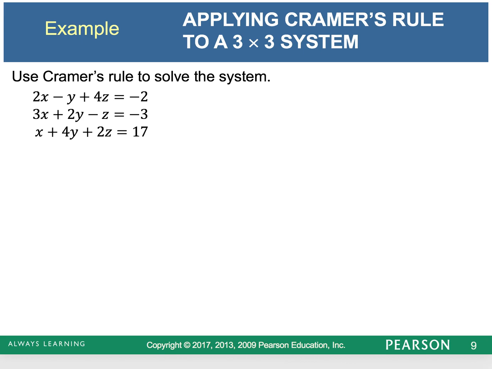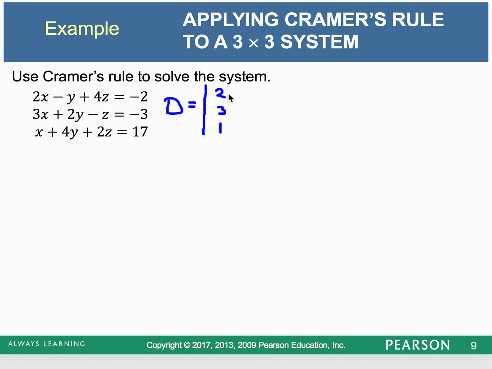Let's try that one more time, just for practice. Okay, so first thing we got to do is find D. So D is the determinant found by using the coefficients of the variables 2, 3, 1.